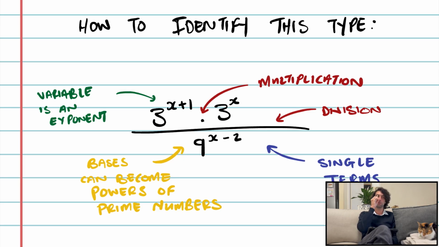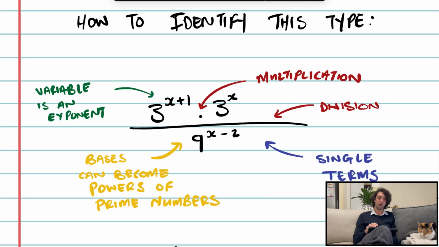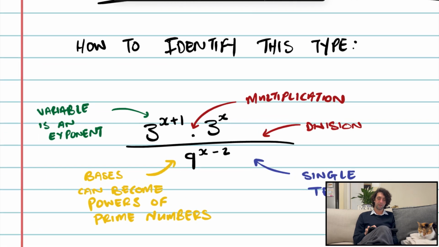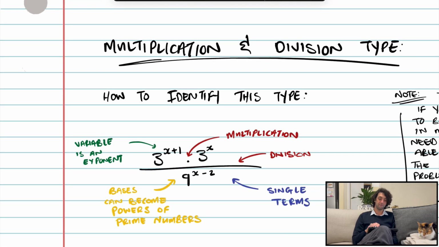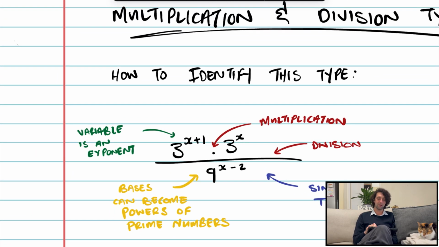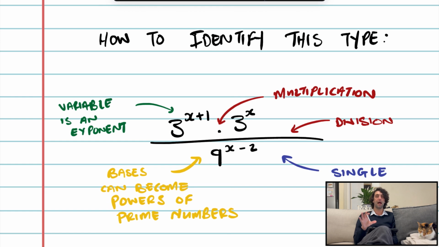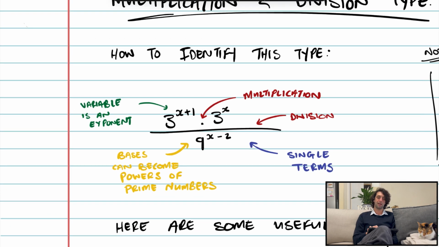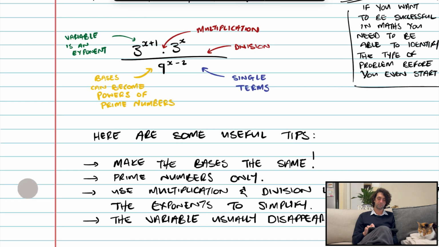Yes, I know there are multiple terms up in the exponent over there, but this is one single term because there's no plus or minus living in between here, okay? This is multiplication and division only. Okay, so we're dealing with the multiplication and division type of exponents. And just as a side note, identify that I'm dealing with a 9. I know that 9 can become 3 to the power of 2.